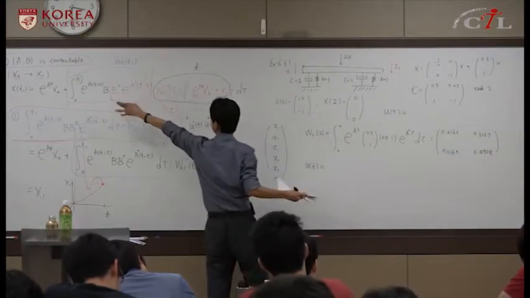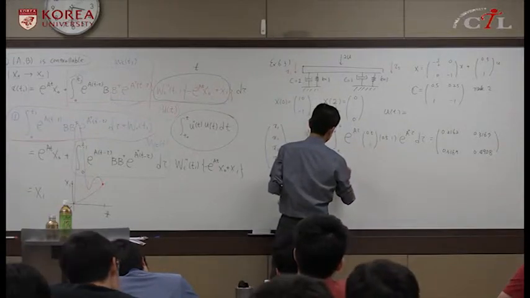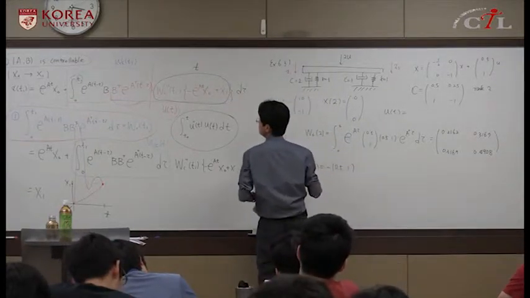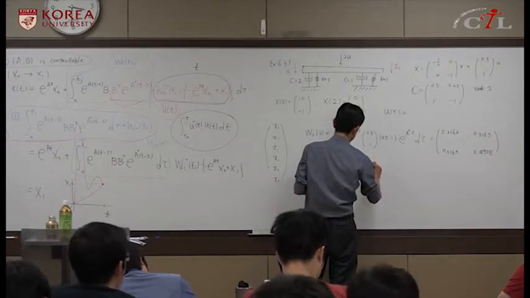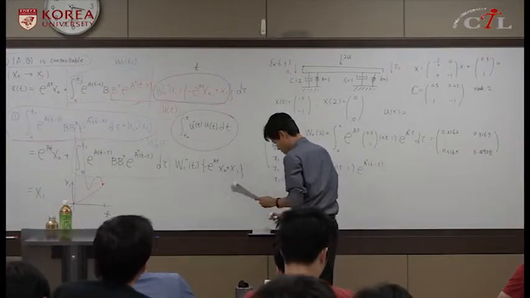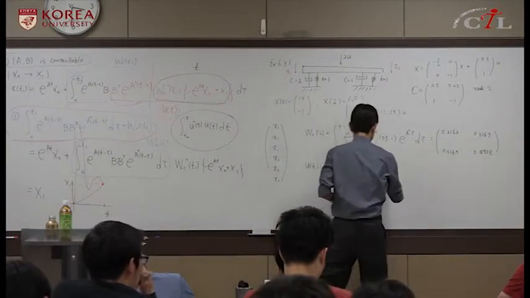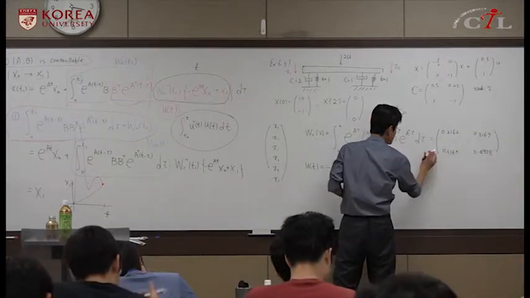Then our UT is, I will put minus in the front, minus B transpose, and E A transpose (T minus tau). Right. And WC inverse, which is this matrix.